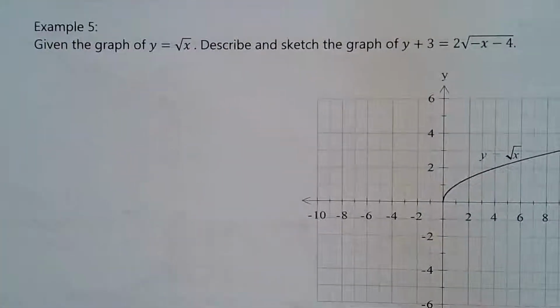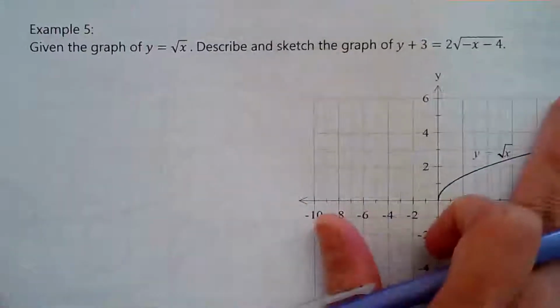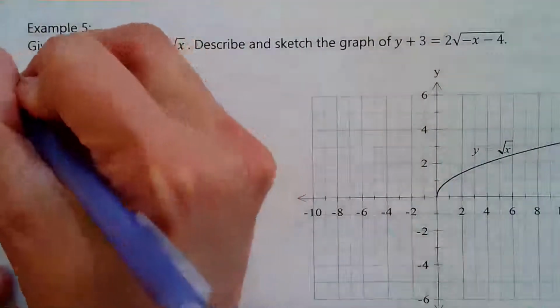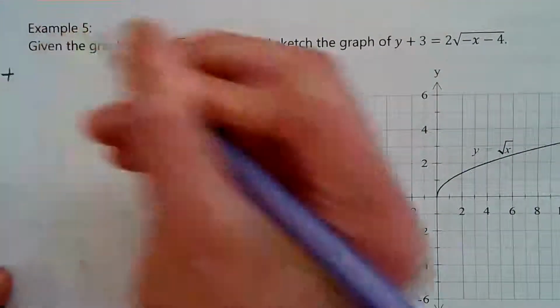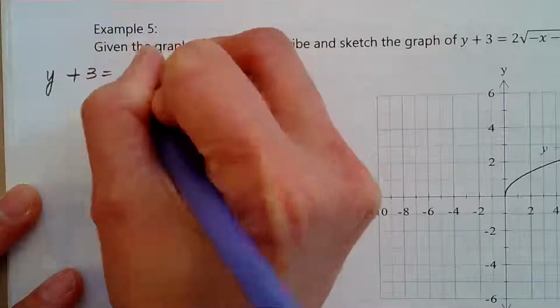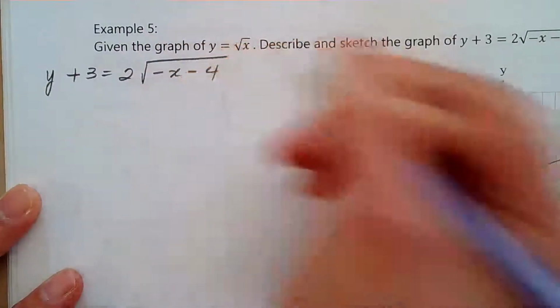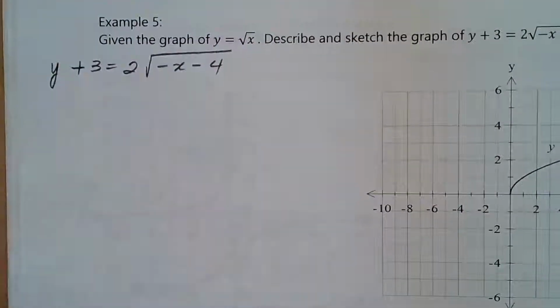Okay, so example 5. Example 5 is pretty much the same thing. Root of x, describe the graph and sketch it. Okay, so what's happening in here?